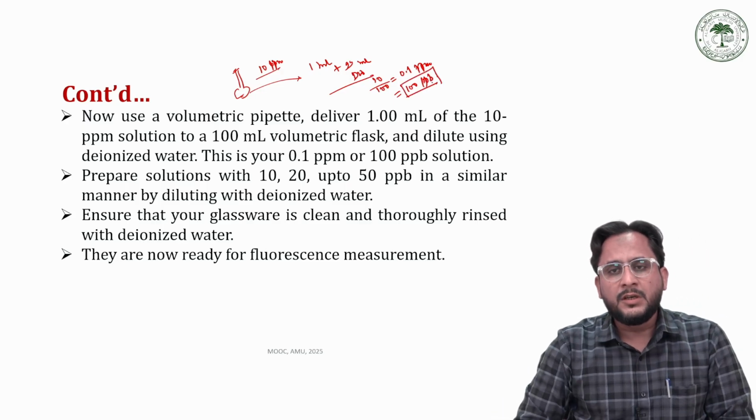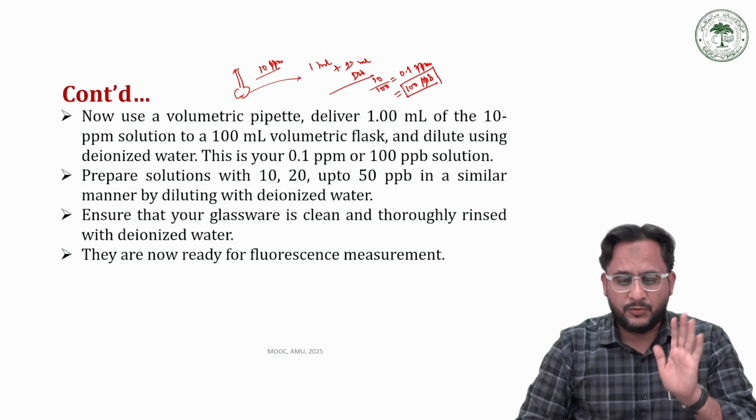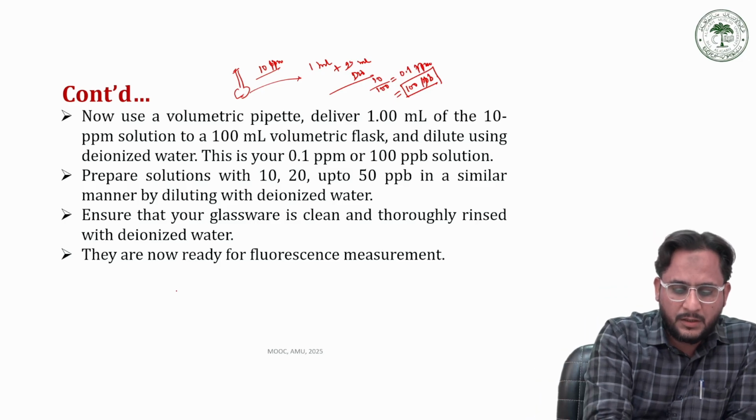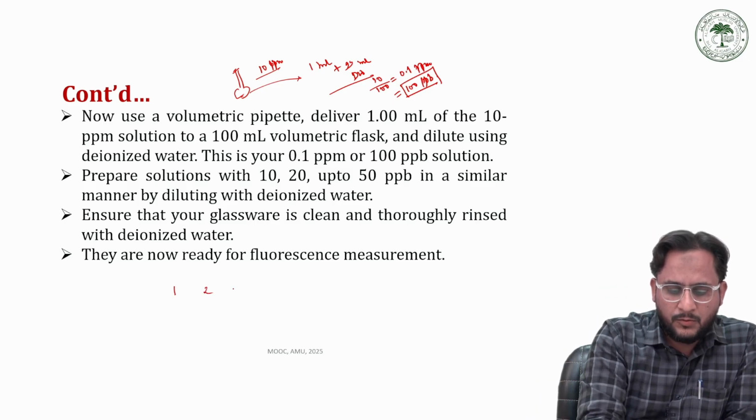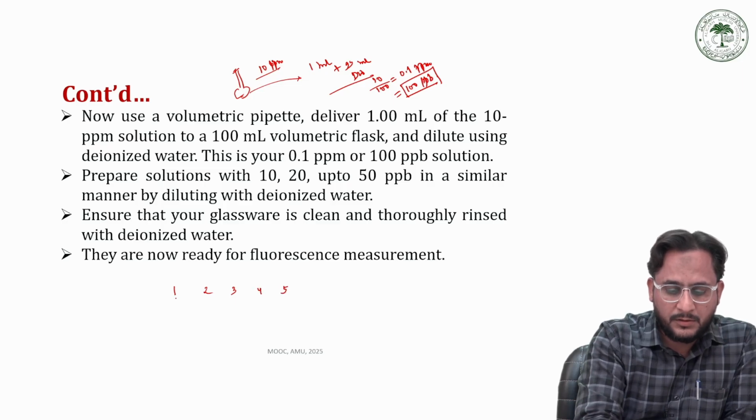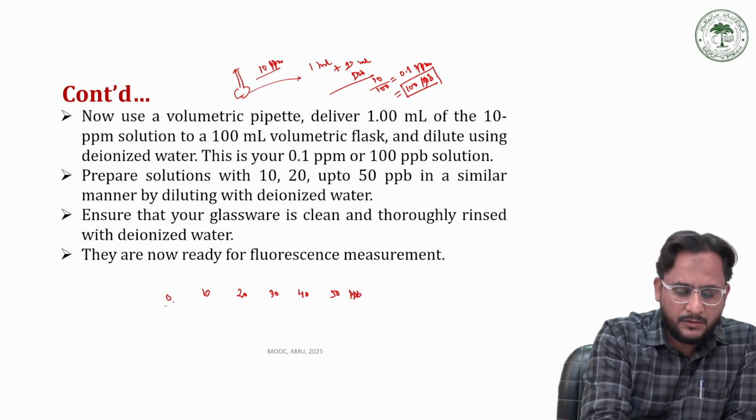From this solution we will prepare 5 different solutions, numbered 1, 2, 3, 4, 5, with concentrations of 10, 20, 30, 40, 50 ppb, and one more solution of 0 ppb, which does not contain the sample and contains deionized water only.